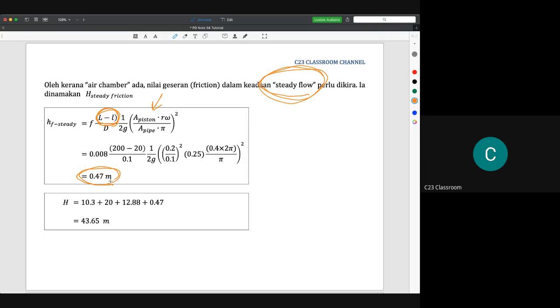Again, you could see here the frictional value in flow in pipe is quite low compared to the reciprocating pump. So we add all the values here, and we get the absolute head at the beginning of the delivery stroke as 43.65 meters.